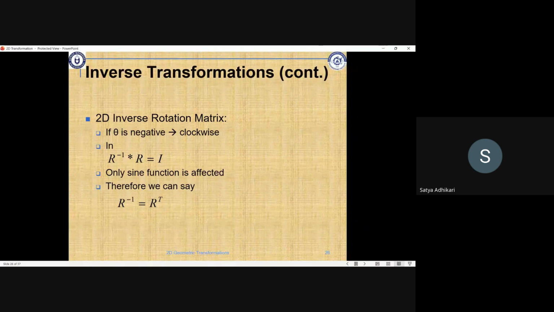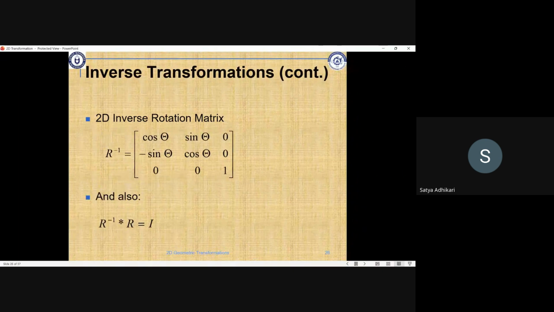Only the sine function is affected. You see here in the previous slide, the cos theta is there. Only sine theta is affected. That is, in the rotation matrix it was cos theta, minus sine theta, then sine theta, cos theta. But here, cos theta, sine theta, minus sine theta, then cos theta.